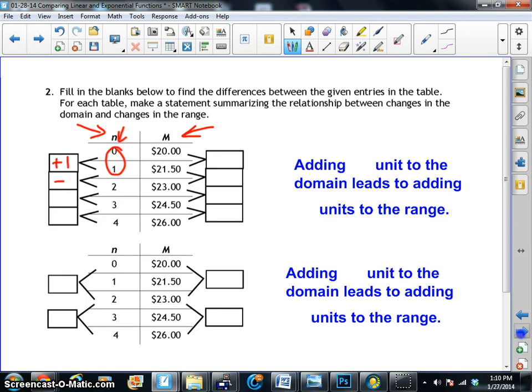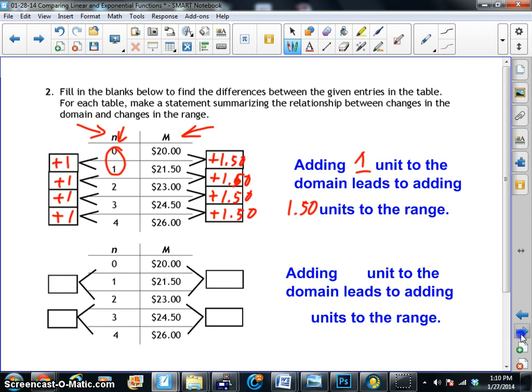Then for the next one, we add another 1, then another 1, and so on. And each time we're adding an extra $1.50, then another $1.50, and so on as we go along. So adding 1 unit to the domain leads to adding 1.50 to the range.